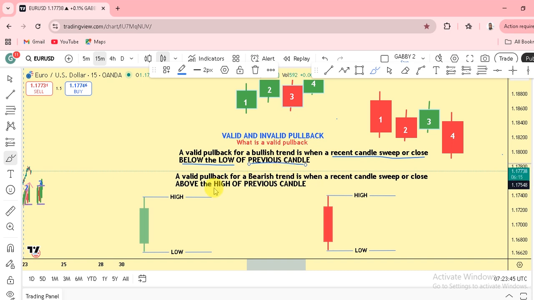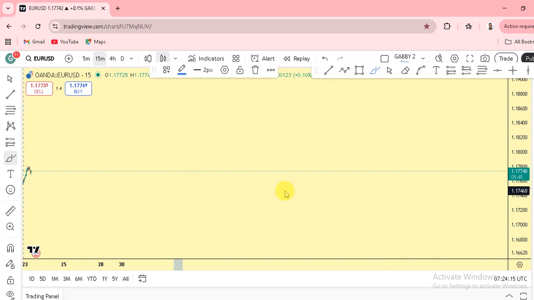Now, for a bearish pullback, a valid pullback for a bearish trend is when the recent candle sweeps or closes above the high of the previous candle. In this case, the keywords to note are a recent candle sweeping or closing above the high of the previous candle.